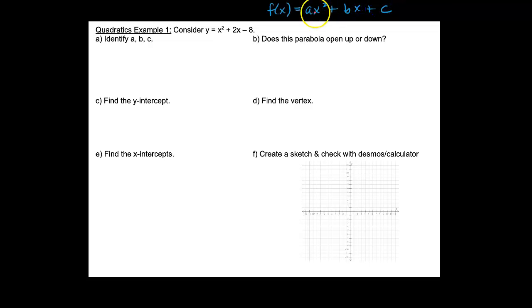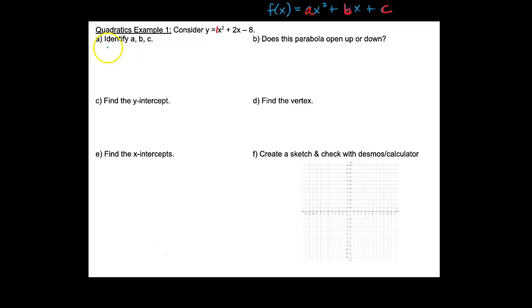So a is the number in front of the x squared, b is the number in front of the x, and c is the number by itself if they are all on one side of the equation like they are here in our example. So let's look through our example and see if we can pull out the a, b, and c values. Now for a, we don't see a number in front of x squared, but if you don't see one, it's like there's an invisible 1 there.